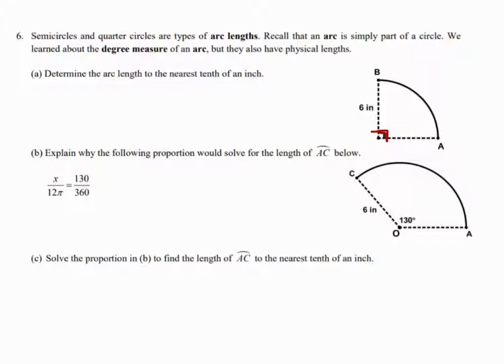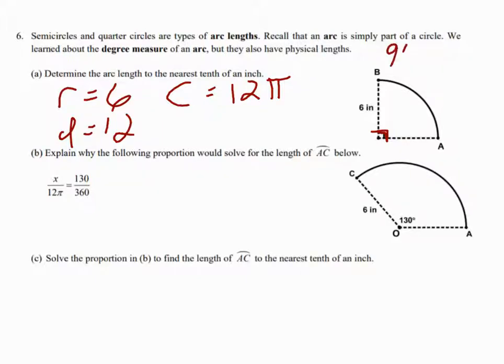So how I would do this is, if the radius is 6, that means the diameter is 12, which means that the circumference, if this were a whole circle, would be 12 pi. Now, we're not dealing with a whole circle, we're dealing with a fourth of a circle, and I know it's a fourth because 90 degrees out of 360 degrees reduces down to 1/4.